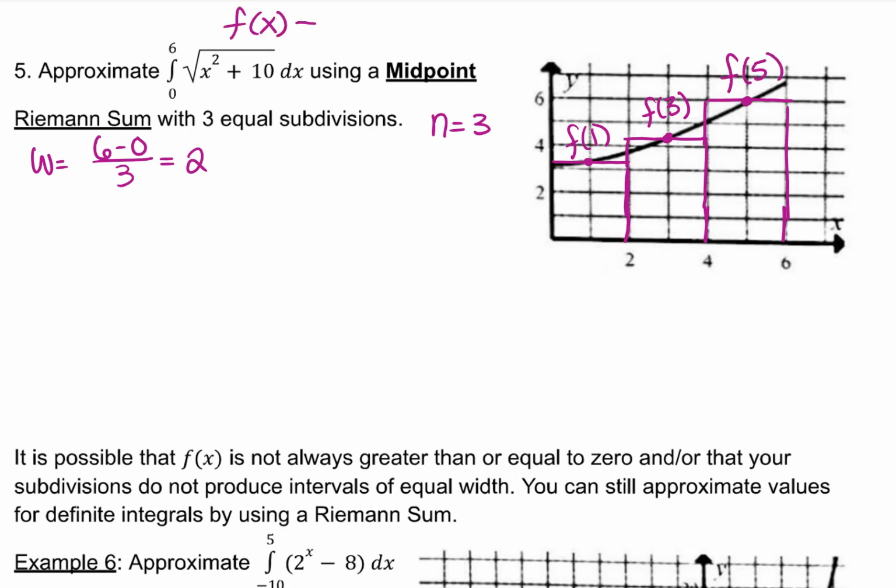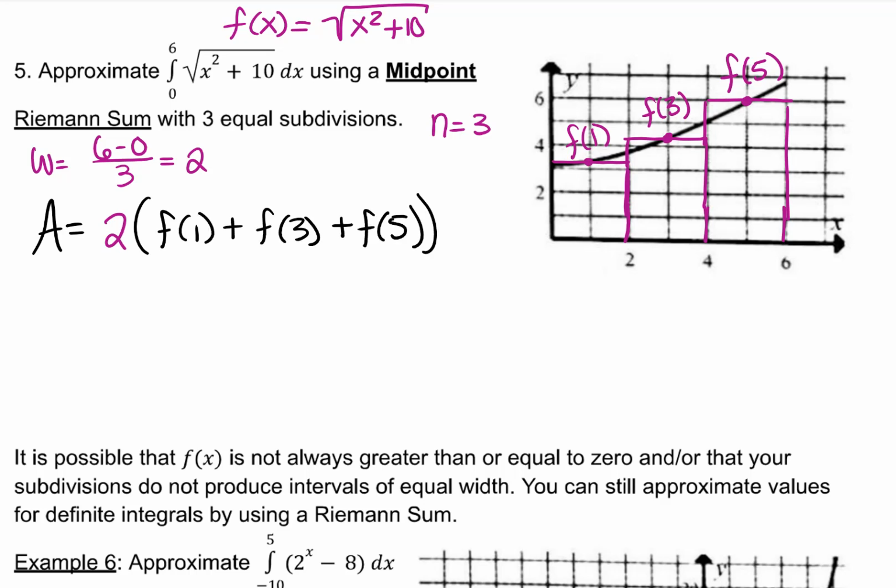And that is because I'm calling f of x this function in the integrand. Our area is width times the sum of the heights. How do I get those exact values? Oh wait, this time they gave me an actual function, so I can plug those in.